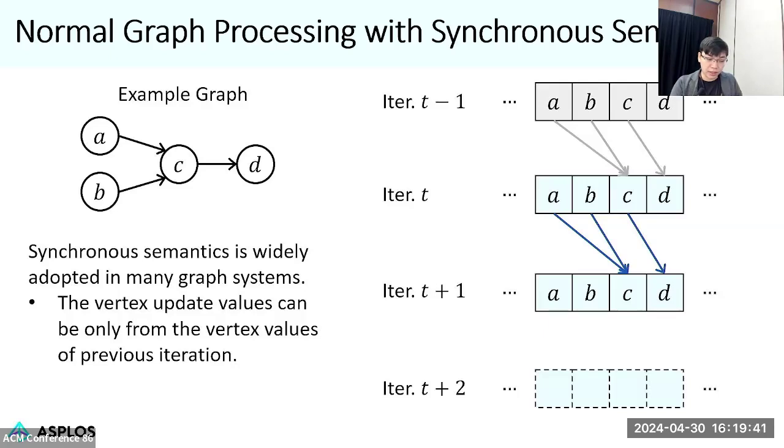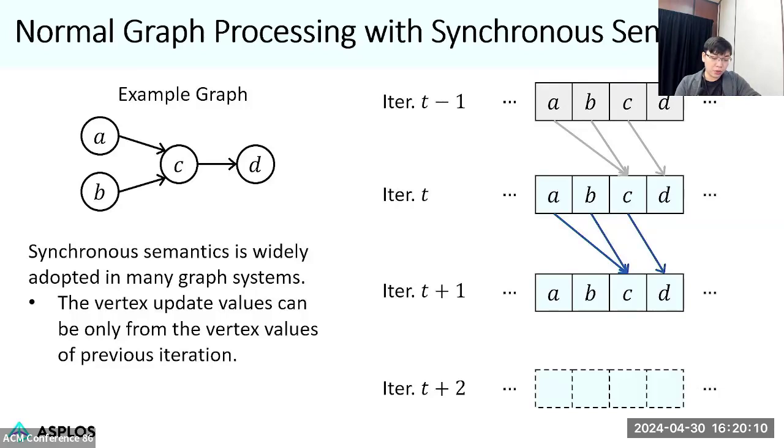The synchronous semantic is a pretty famous one, which is widely adopted in many graph systems. This semantic requires that the vertex update value can only come from the vertex values of the previous iteration. In the example in the right figure, to update the vertex value of iteration t+1, we can only use the vertex values from iteration t.